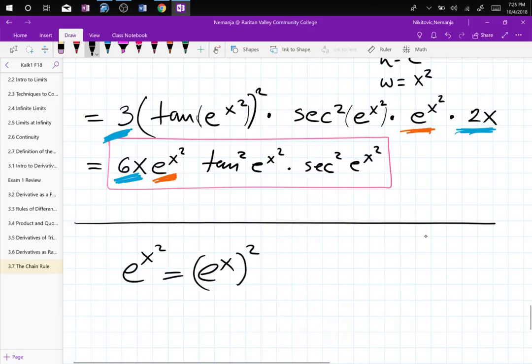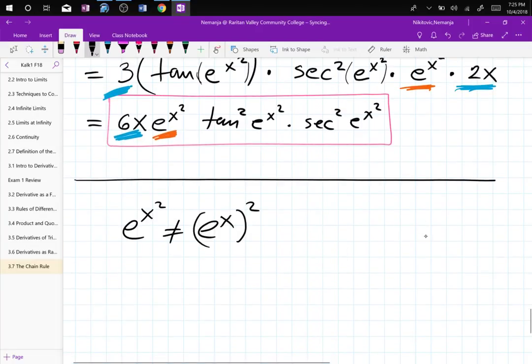Well, they're not equal. Because the one on the left is e to the x times e to the x, and the one on the right is e to the 2 times x. Exponent of the exponent multiplies the exponents. So you are right. They are not the same.